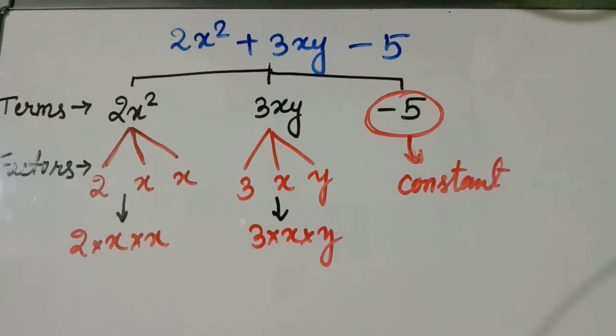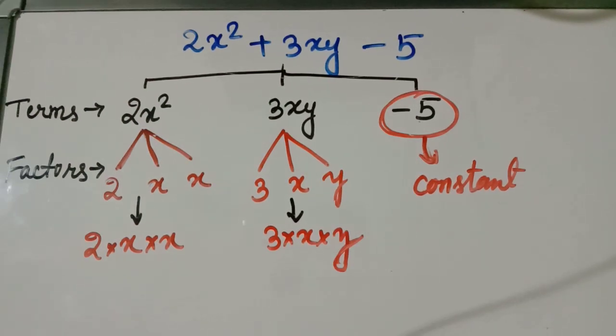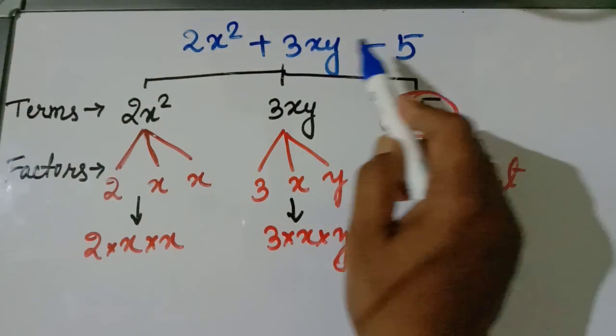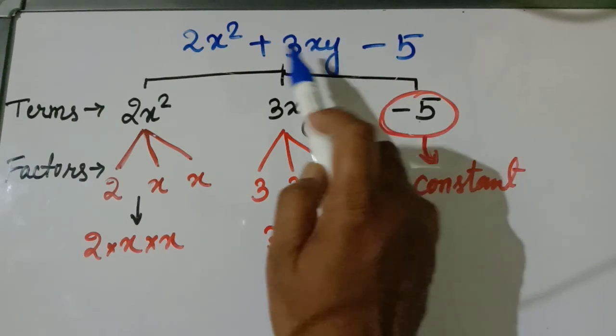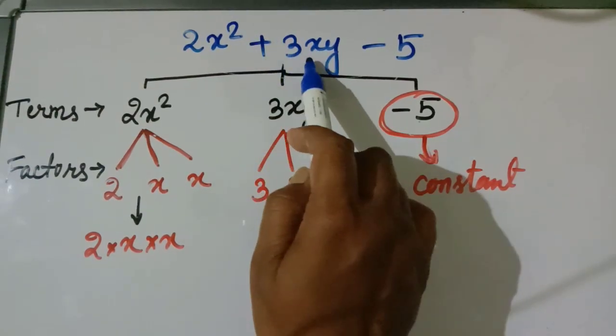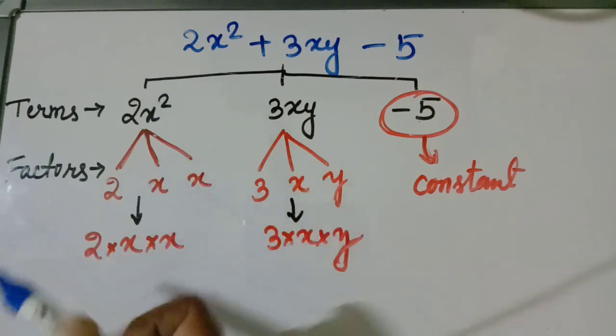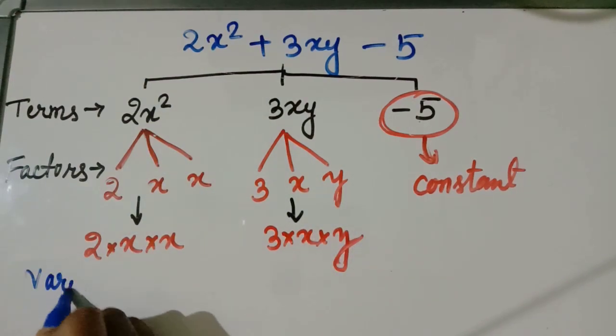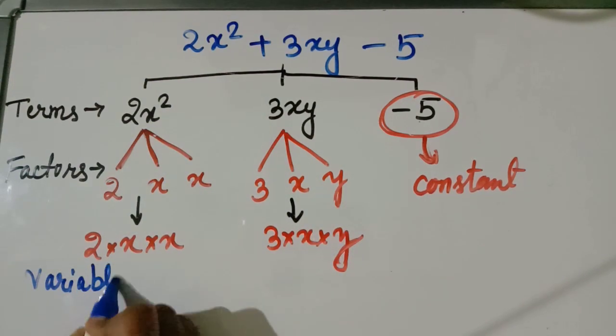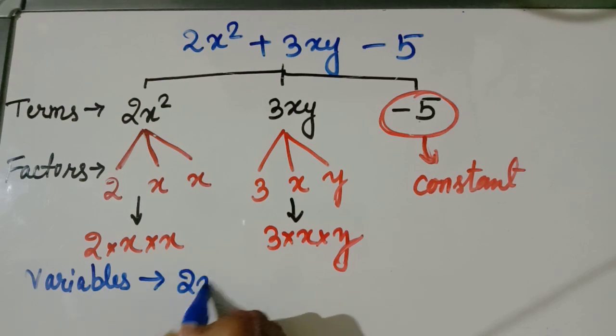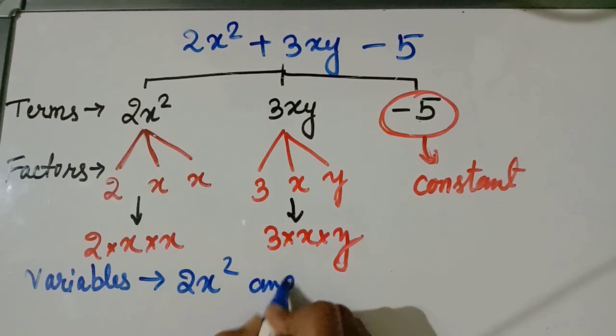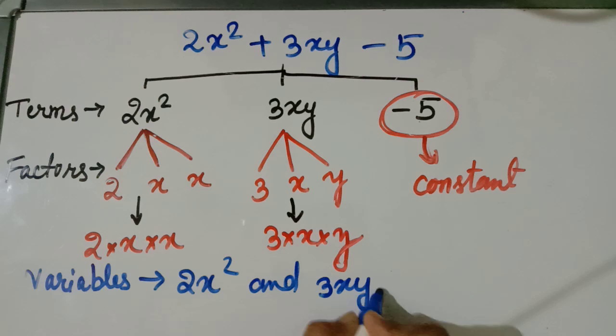Now always remember, in this algebraic expression, find out who are the variables. So write down the heading, variables. Variables are 2x square and 3xy.